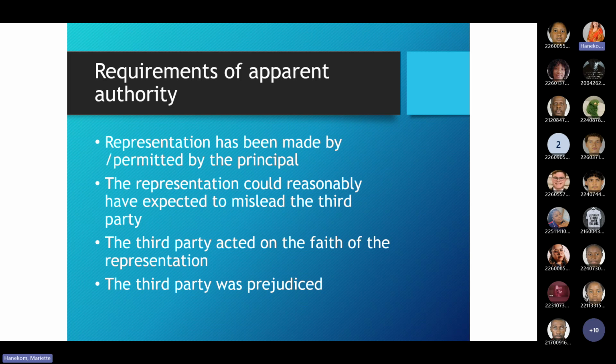The shopkeeper believed you had authority to do it because I had, by my previous conduct, created the impression that you are my agent and I will settle the account. So the shopkeeper can hold me liable based on the false impression that I created.